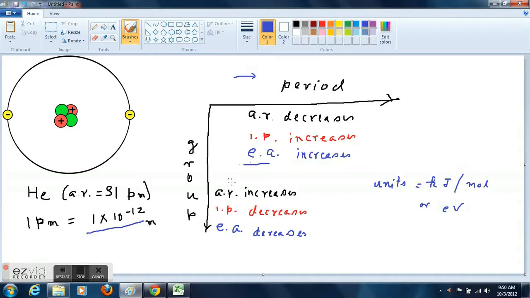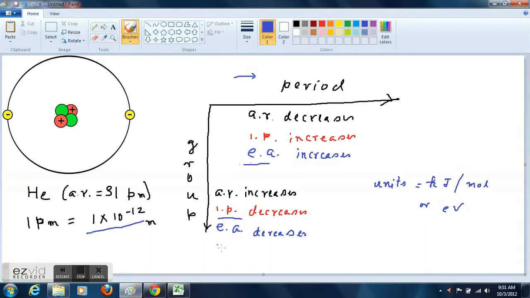As we move along the period, atomic radius decreases, ionization potential increases, and electron affinity increases for the same reason: the atom becomes tighter. The attraction between the outermost electron and the nucleus becomes higher and higher.